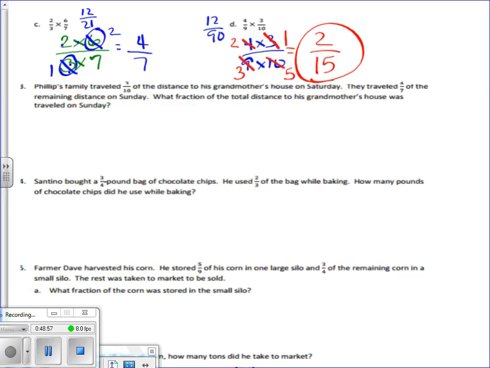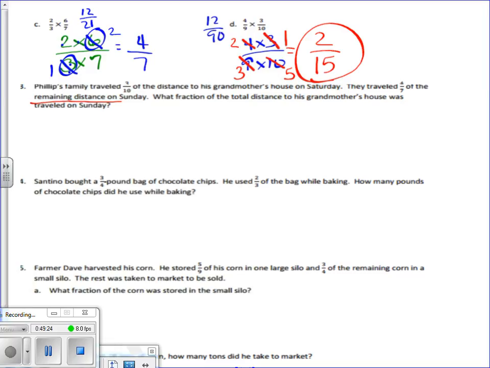Now, is this a problem where I can go number, multiply? No. One of the things I want you to see is we have that remaining distance thing on there. It's not that there's a remainder. I'm not dividing anything.